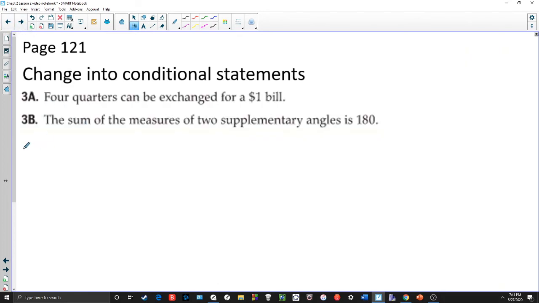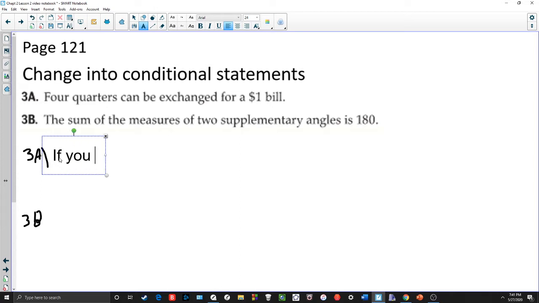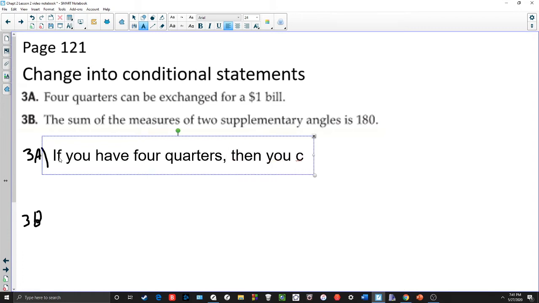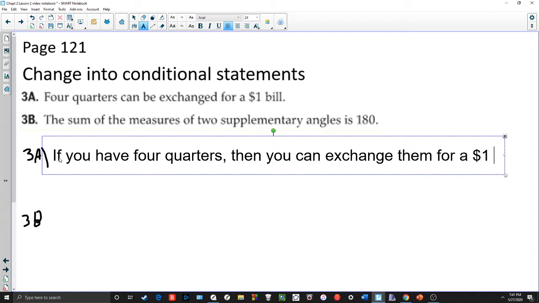So let's see if we can change these into conditional statements. So 3A and 3B. 3A says 4 quarters can be exchanged for a $1 bill. So let's change this to a conditional. We can say, if you have 4 quarters, comma, then you can exchange them for a $1 bill.